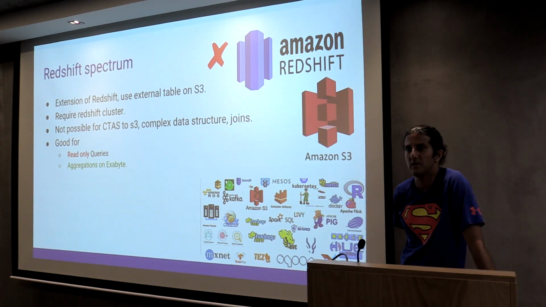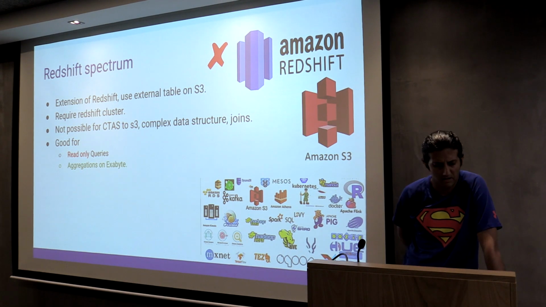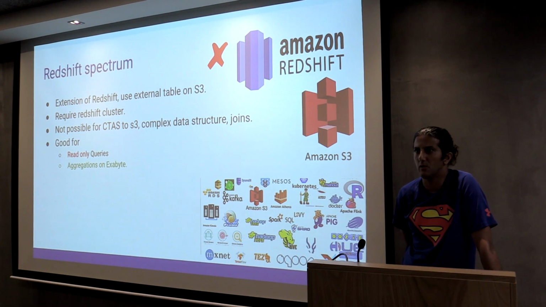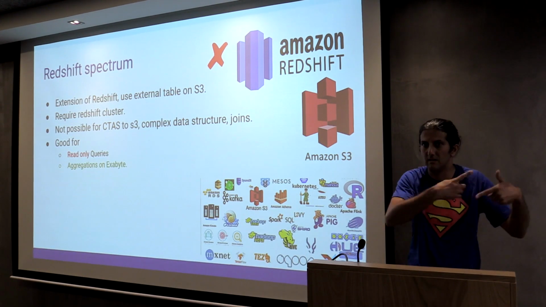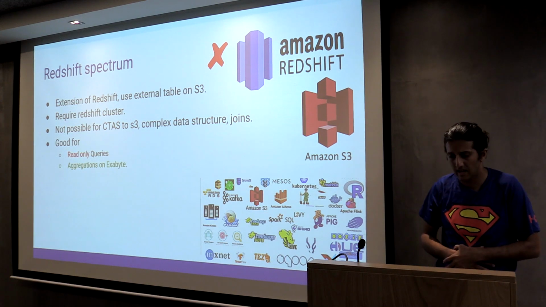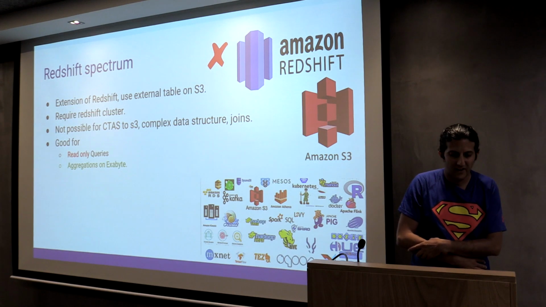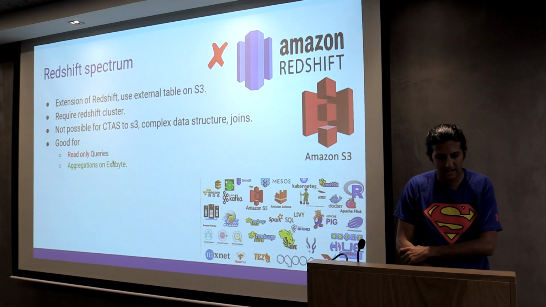Redshift Spectrum is a new addition from the last 18 months, I think. It enables Redshift users to access data which is stored externally on S3 and not insert and then query data. It has many advantages, but also many disadvantages. It doesn't allow you to create a lake.